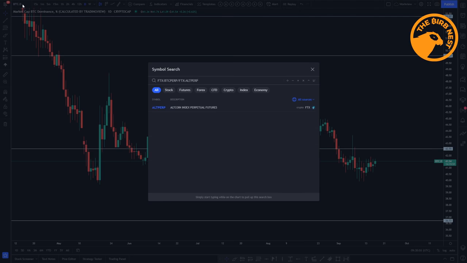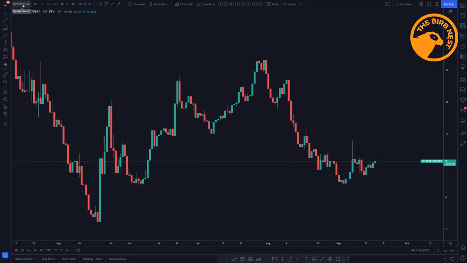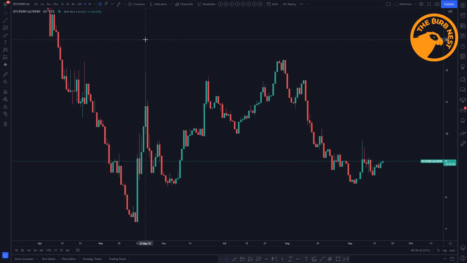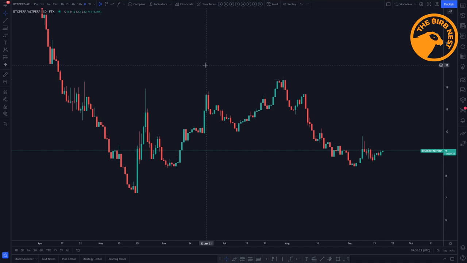And if you type this in and press enter, you can see that the chart is quite similar to the one we had. It has fewer wicks. So basically, with that top 10 altcoins, you get a quite similar chart to what we already have, but the chart is much cleaner.